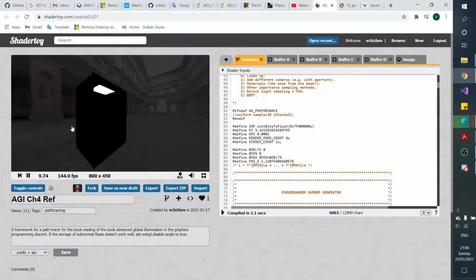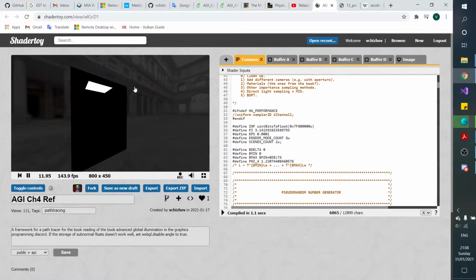And in the case of the Cornell box scene, I have the light source and I have the background. So both act as light sources. The background acts as a light source if I intersect nothing, and this light source here, if I intersect it, acts as a light source.